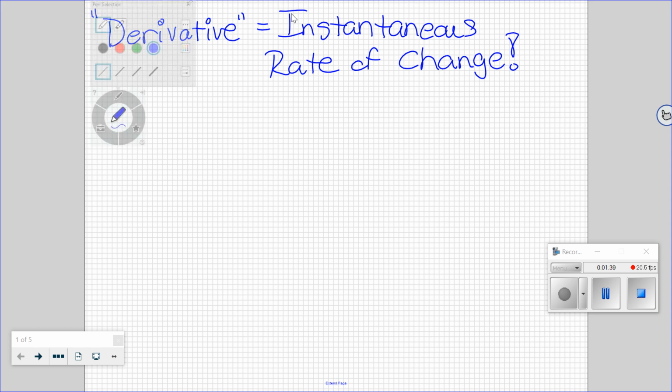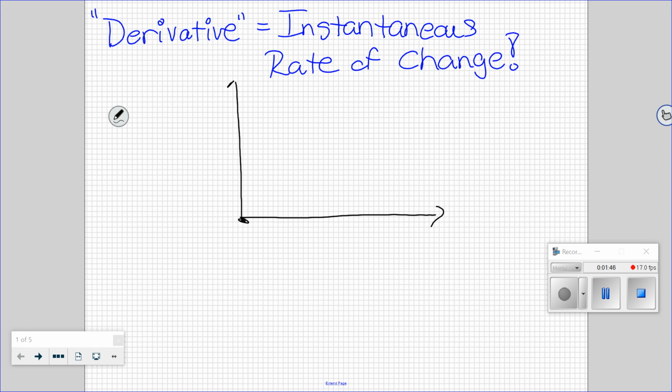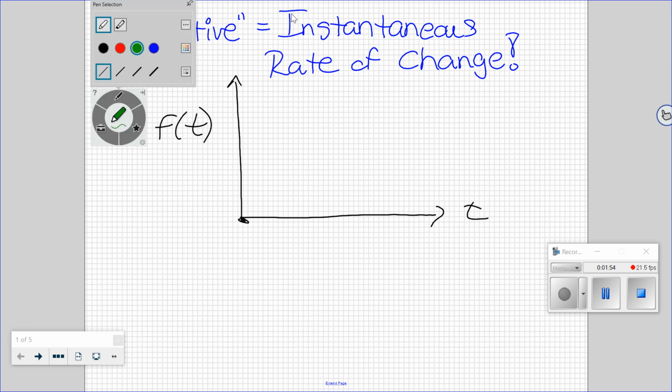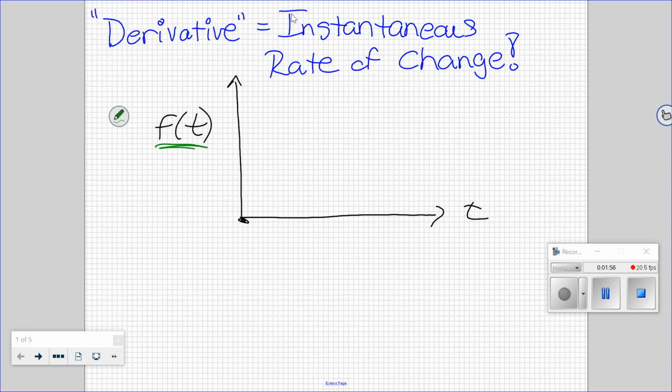Well, oh no. Okay, so your calculus students now, you can deal with this: I have a function of time on my y-axis, and I have time itself on the x-axis, and we'll just do some weird curvy function in green. Could be any polynomial.